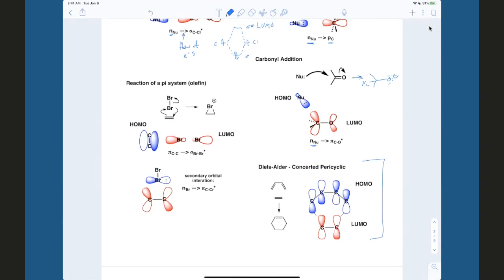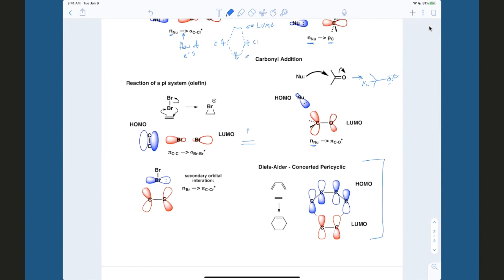And in the case of something like a bromination reaction, there's actually two different interactions taking place at the same time, because we actually have three arrows we would be pushing. In one sense, we have the filled electrons of the double bond, its HOMO, adding into the sigma star of the bromine bond.